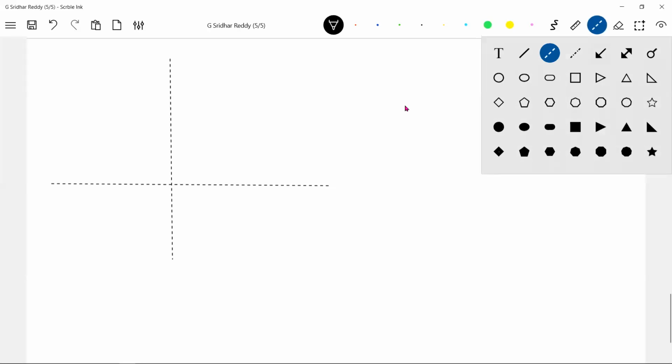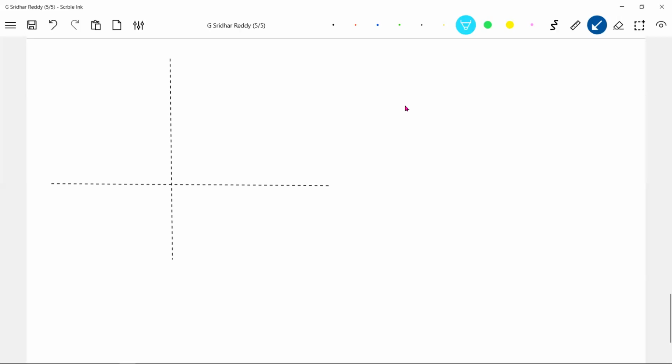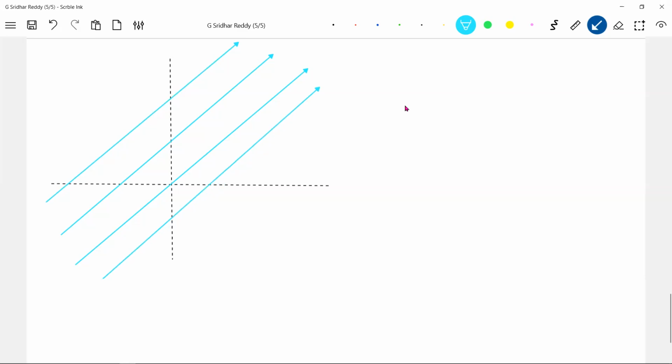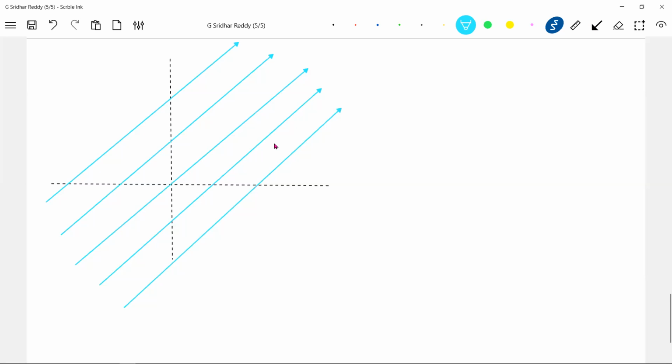Here I have a uniform electric field which is making some angle, let it be 30 degrees.